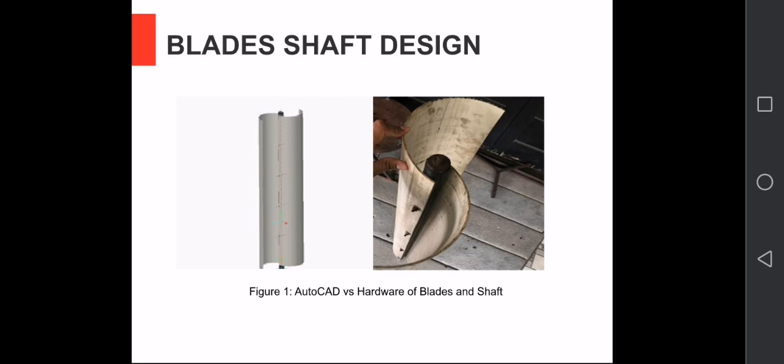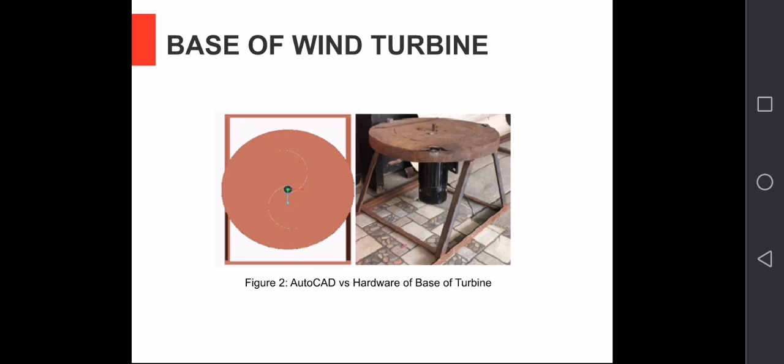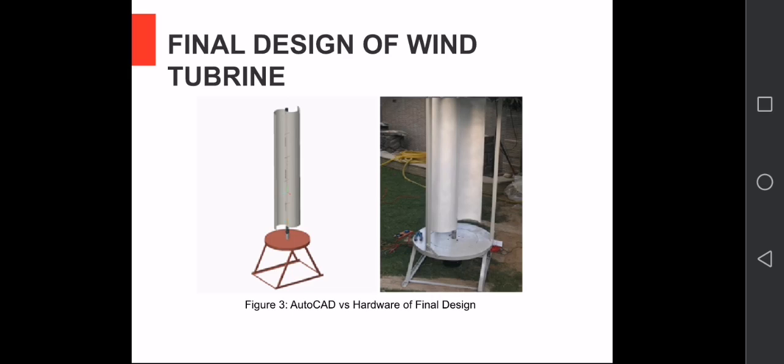As you can see, there's no overlap, 0 overlap ratio, and this is the base of our wind turbine. As you can see, we have simulated it in AutoCAD. This was the final design of the prototype of the wind turbine.